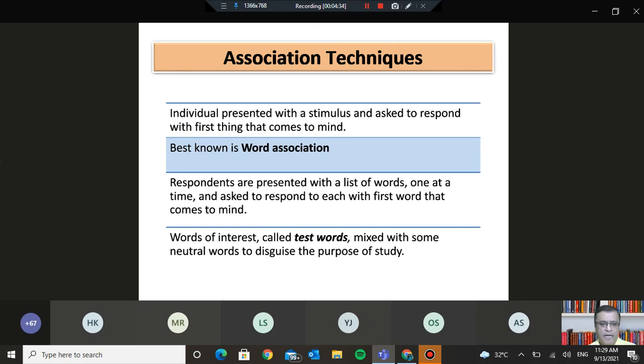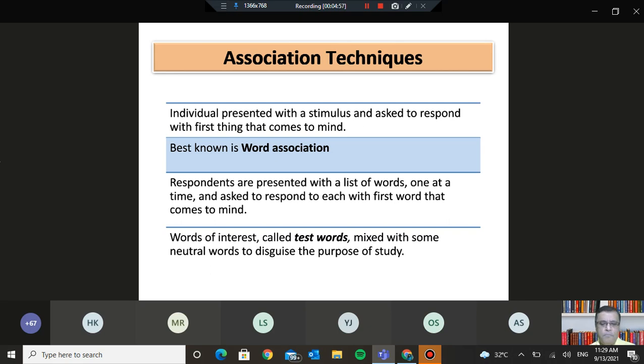So when we read out these words to our subject or respondent, the person, suppose, says: location, convenient. Parking, convenient. Shopping, for example, nice experience. Quality, good. Price, affordable.